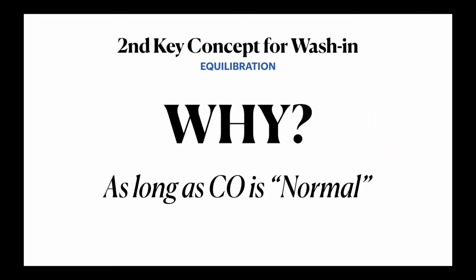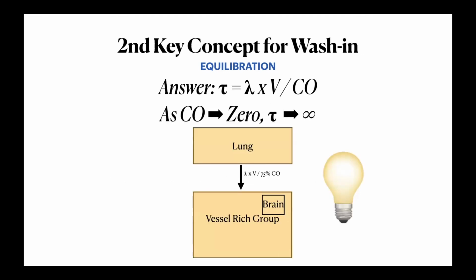Now, why have I said as long as cardiac output is normal? This is the answer, and it goes back to the idea of the time constant. So the time constant is the solubility in that compartment multiplied by the volume divided by the cardiac output. And as your cardiac output reduces, so as it approaches 0, your time constant approaches infinity.